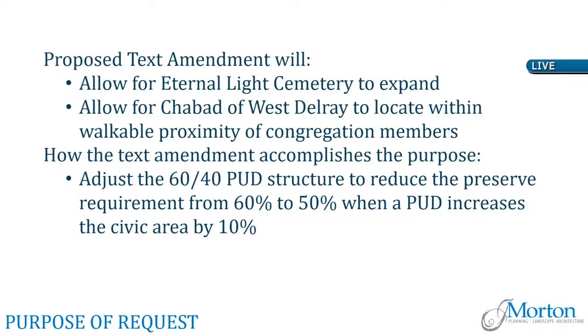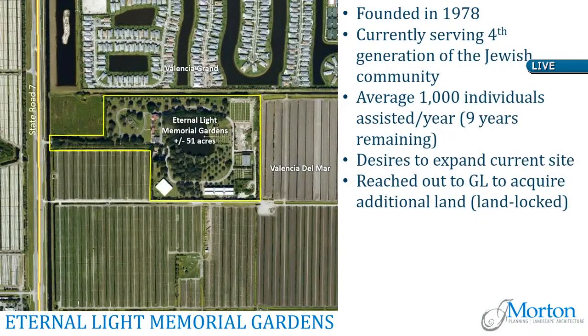To do this, we propose an alternative to the AGR PUD, which reduces the preserve requirement to 50%, but only when a project commits to providing an additional 10% of civic space.